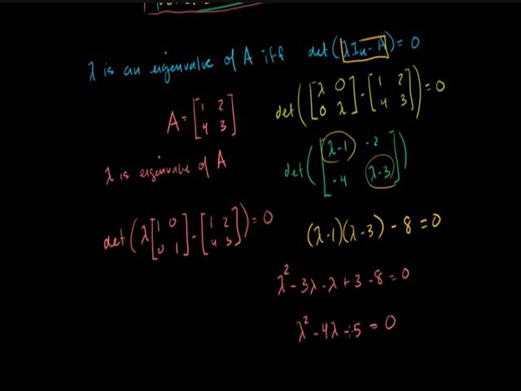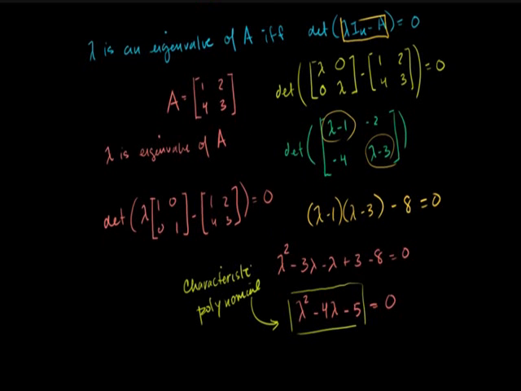This is a very simple quadratic equation, and we can solve it by the quadratic formula, by factorization, or by completing the square, which is very easy for you. The coefficients of this quadratic equation are 1, minus 4 and minus 5. To find the factors, we multiply the coefficient of lambda square with the last constant and factorize the middle term.